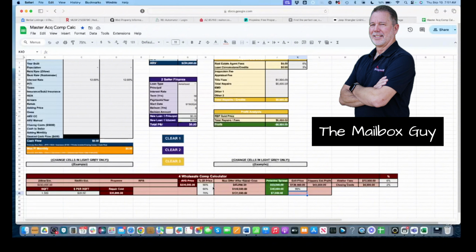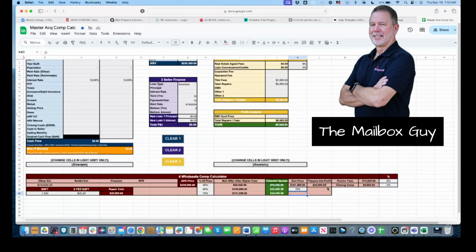Most people would actually go for maybe $20,000. So we can change this number again. Now he's making $20,000, and we're making $30,000 at 70%. How easy is that to look at, and how fast is that to calculate, to see if it's a deal for your flipper?